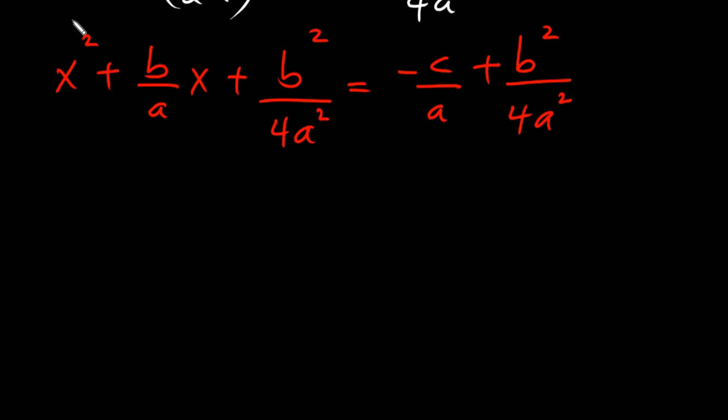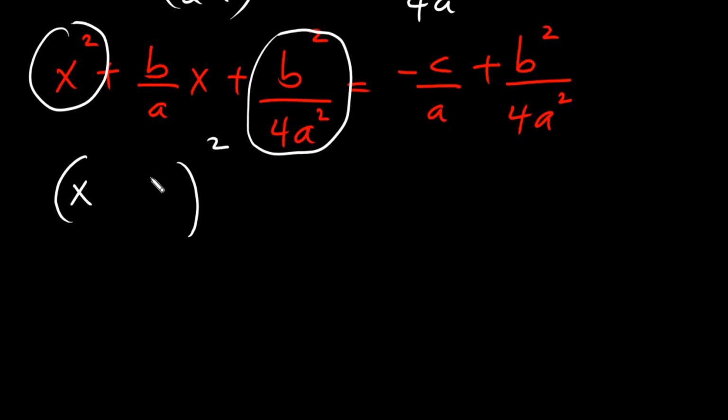You need to find the square root of x squared, which is x, and the square root of the last term, which is b over 2a, and then place the sign that is between x squared and b over a x in between. Once again, if you never happened to watch that video, there is a link for you in the description box below. So we have factorized the left hand side of this equation.